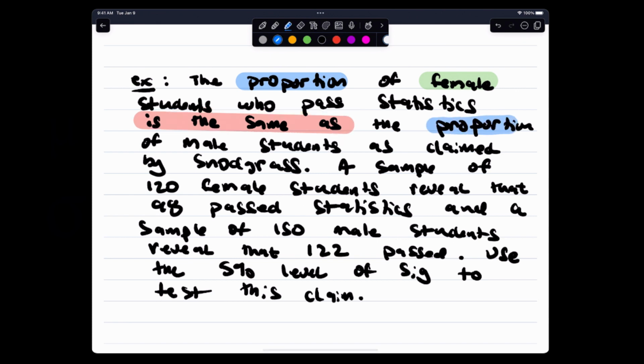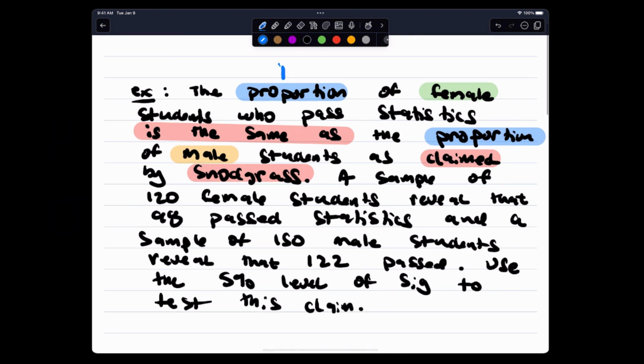The what? Proportion of who? Male college students. As claimed by who? Snodgrass. P1 versus P2, okay? What does it mean to be the same? Equal.